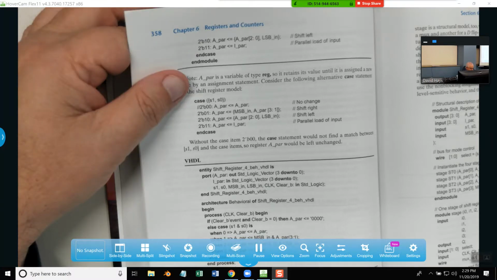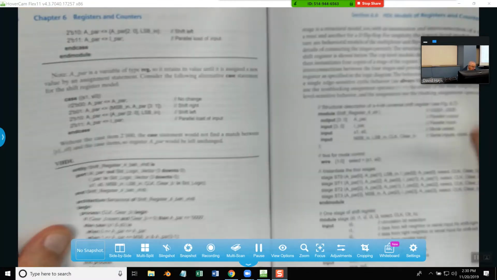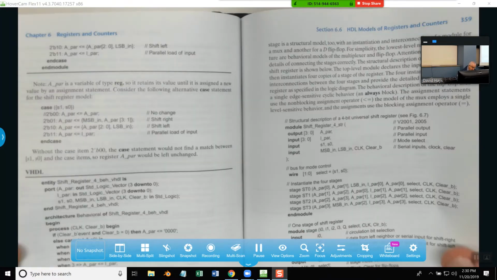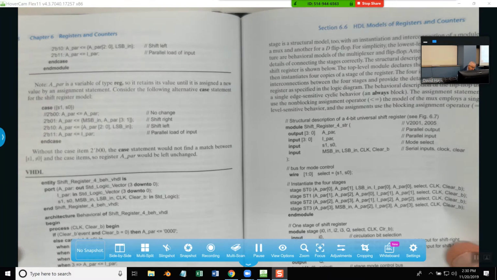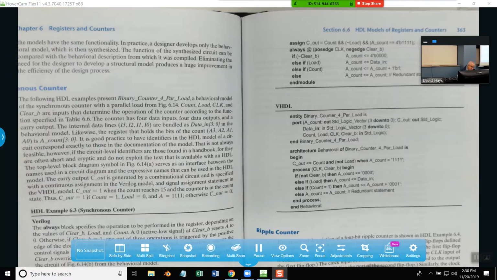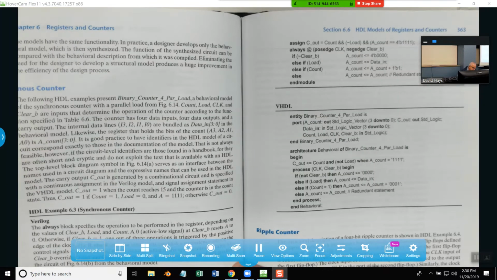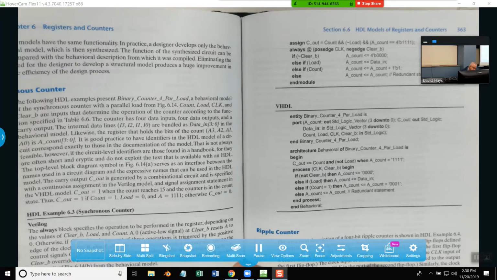This is on the bottom of page 362. 6.14b. Okay, so this is our 6.14b.